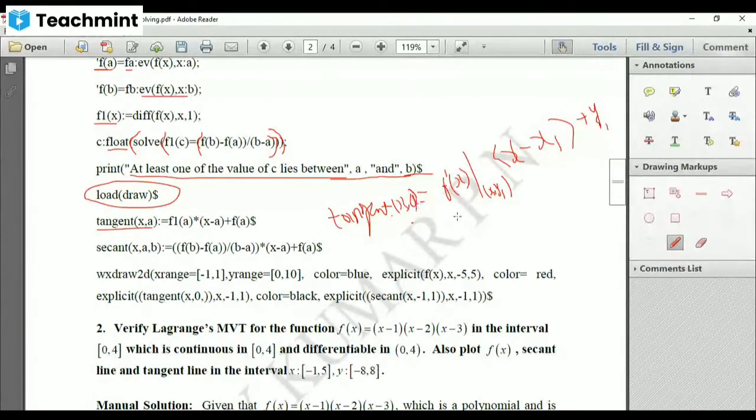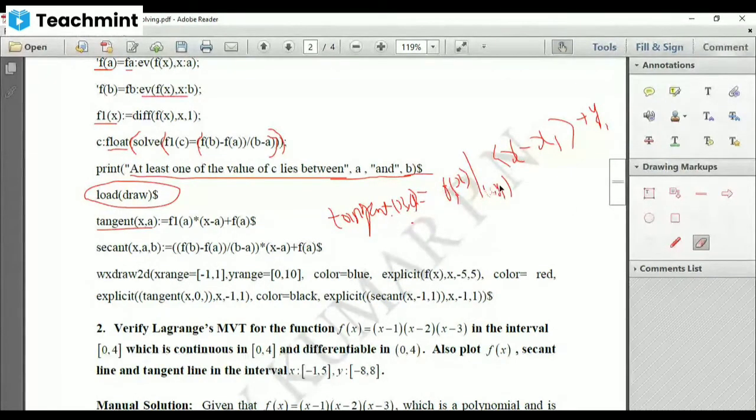Your f dash of x is given by f1, so this becomes f1 of x at the point x1 comma y1. But here you are drawing at a, so this becomes f1 at a.